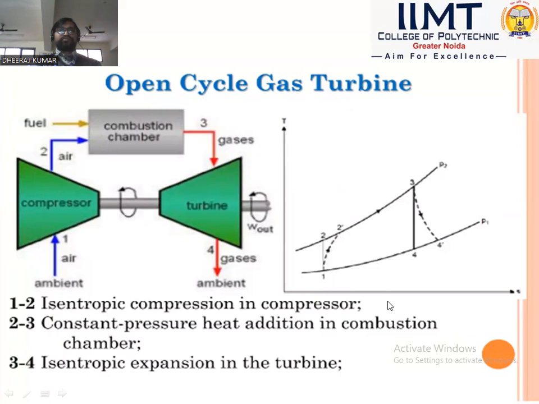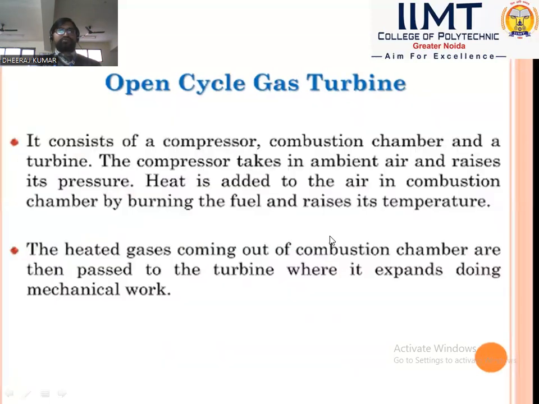Compressor efficiency is defined as isentropic work upon actual work. Isentropic work is H2 minus H1 upon H2 dash minus H1. Process 1 to 2 is the ideal process, and 1 to 2 dash is the actual process.